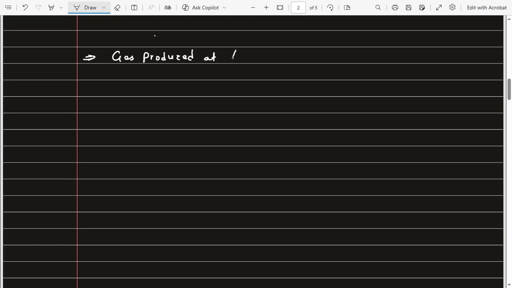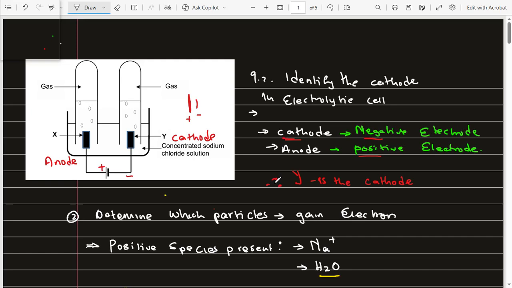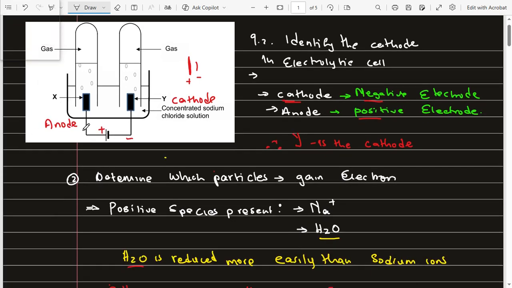So I'm going to first identify the gas that is produced at X. If you still remember, X is the anode. And what is going on at the anode? Okay, so I'm just going to look at the anode. This is my anode.